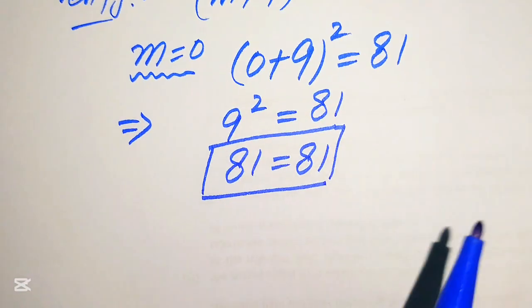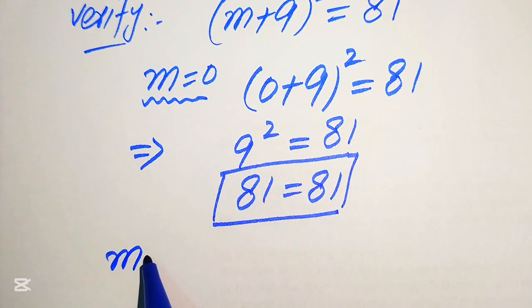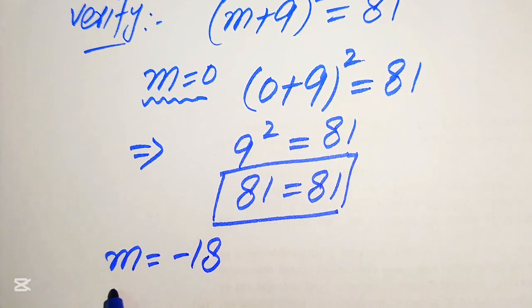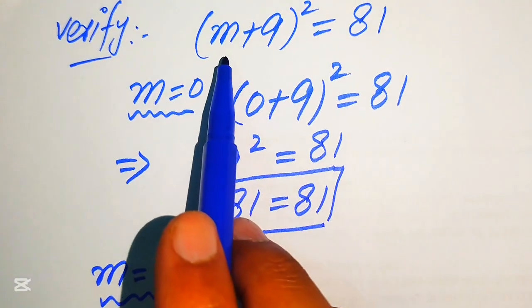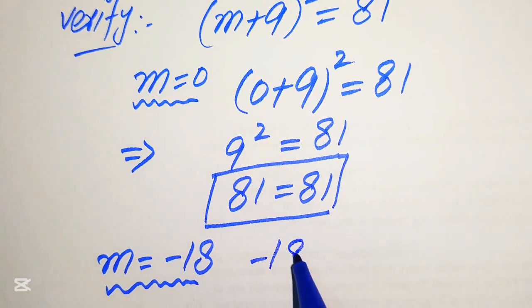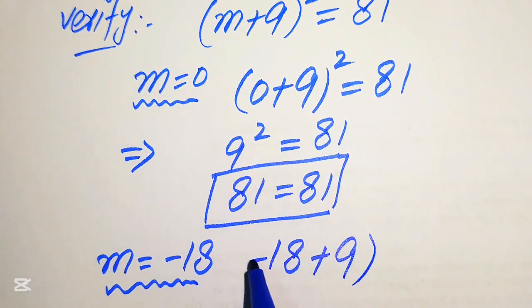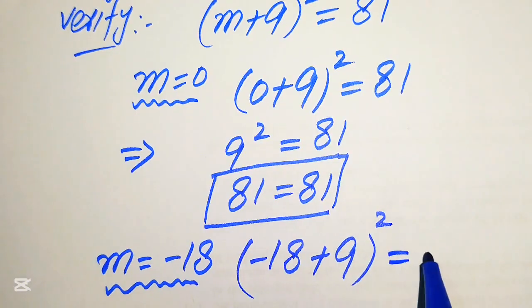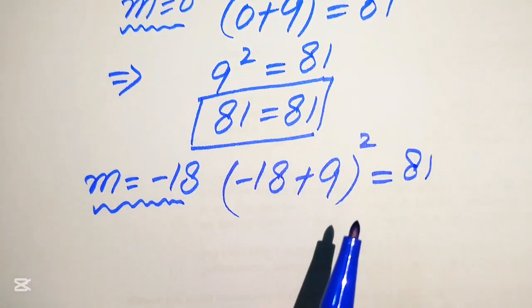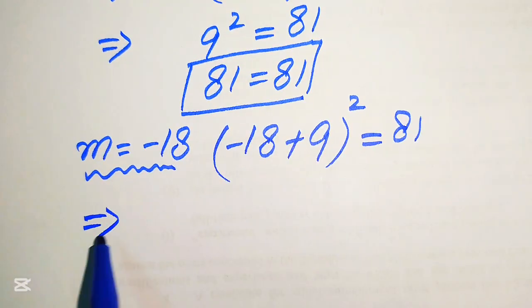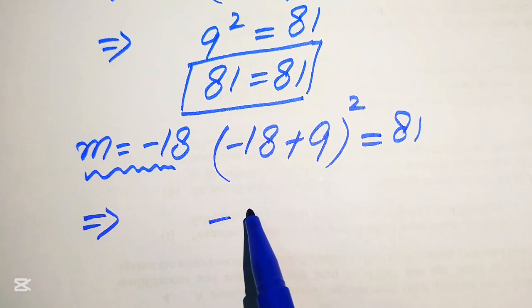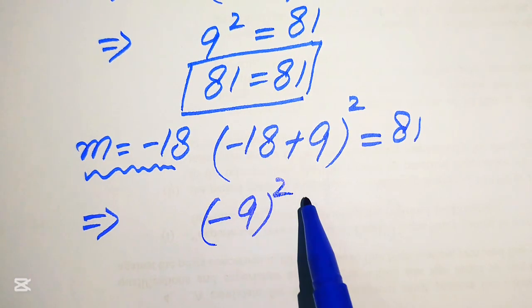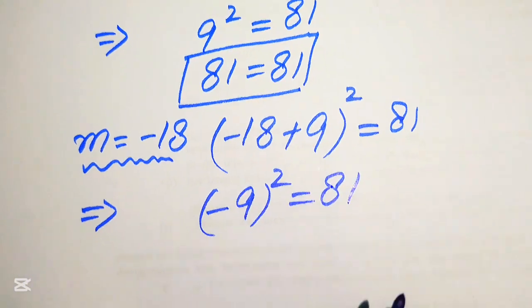Now we will check the second value of m, which is −18. When you put m = −18 here, it will be written as (−18 + 9)² = 81. Here we need to add these two values: −18 + 9 equals −9, so (−9)² = 81.